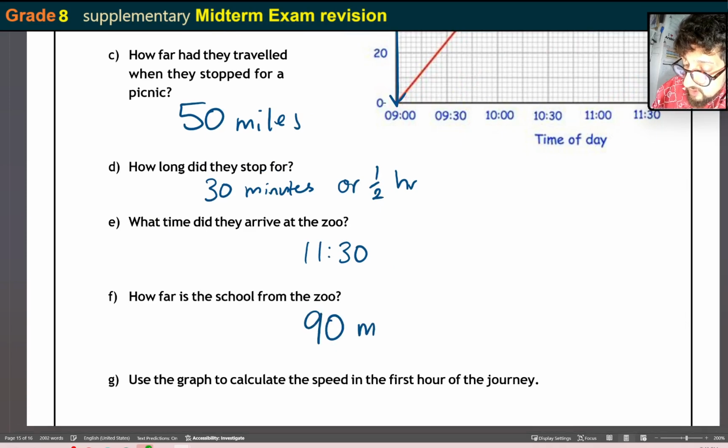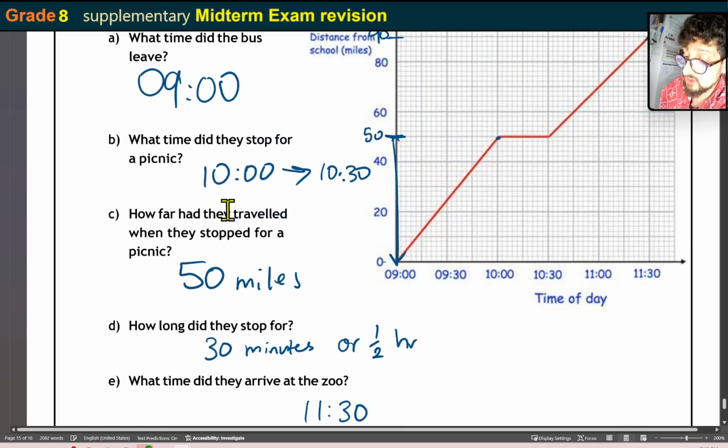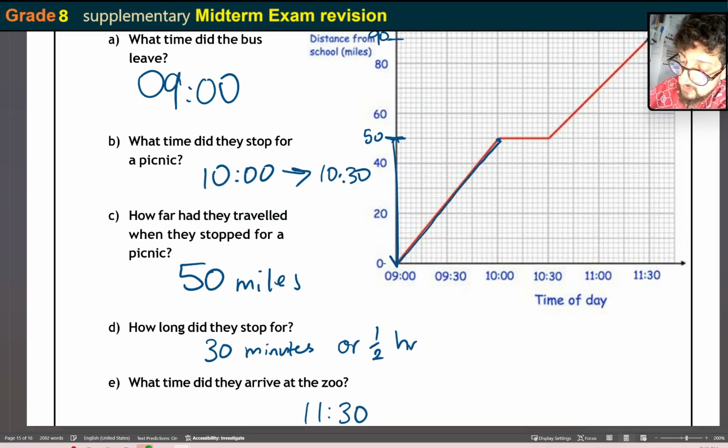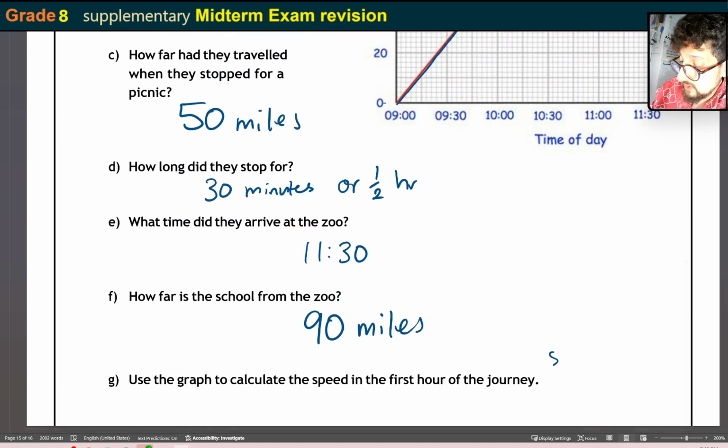So 90 miles. Use the graph to calculate the speed in the first hour of the journey. The first hour of the journey. So they're looking for this here, and obviously it's going to be rise over run, because speed is equal to distance over time.